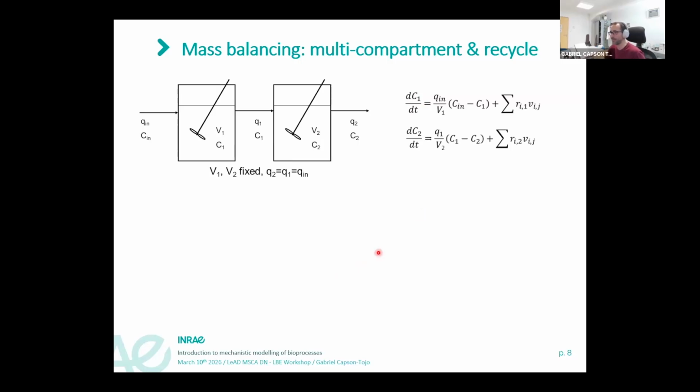Okay. So let's say that we have 2 CSTRs in series. What we have in the first reactor is just Q in, so the flow rate that goes into the reactor, and the concentration of a given species, and the effluent from this reactor, which is Q1, whatever you want to call it, that is the output of the first reactor, so Q1 makes sense.